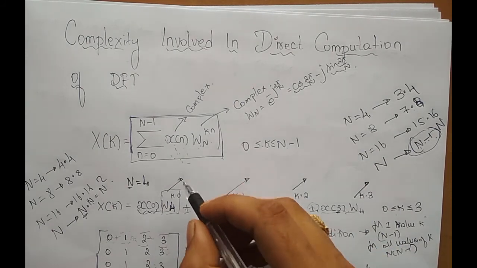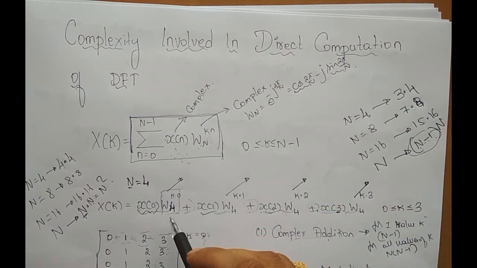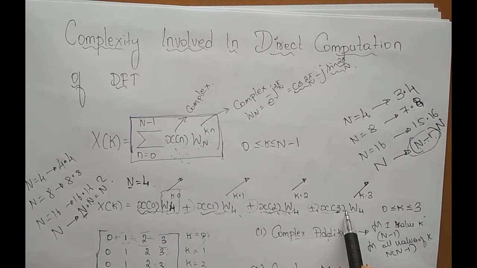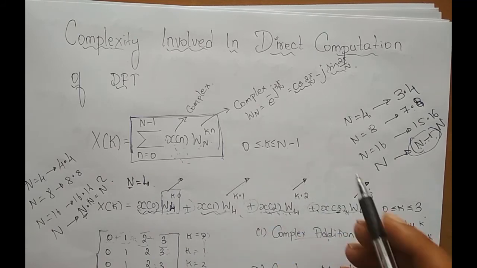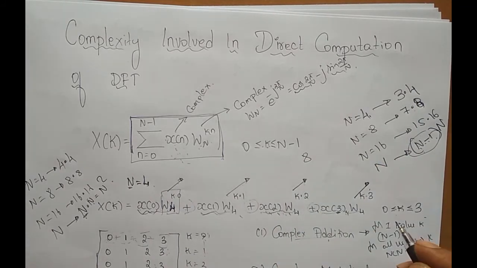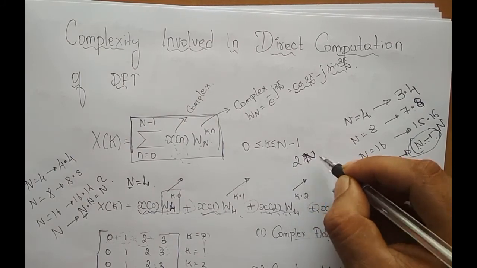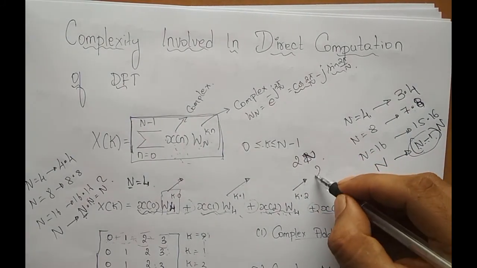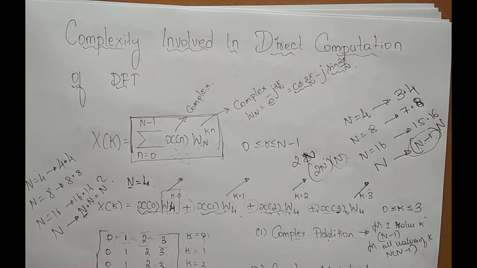So for one value of k it requires 2n, right? Because this is n, 1 2 3 4, for n equal to 4 this is 4. So how many trigonometric functions does it require? Here 2, here 2, here 2, here 2, so it is 8. So for one value of k, it requires 2n trigonometric functions. For all values of k it is 2n times n. Why n? Because totally I have n number of k's. Fine.